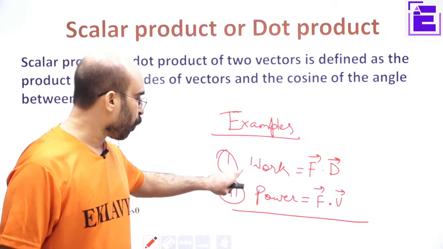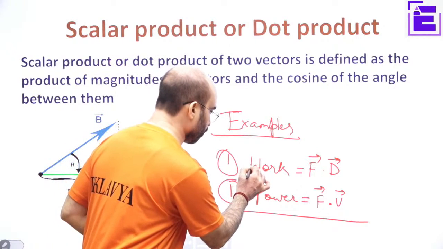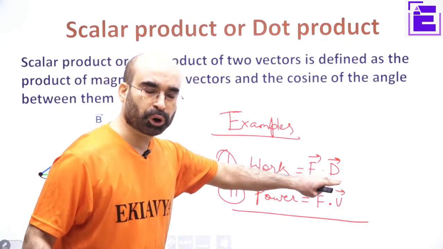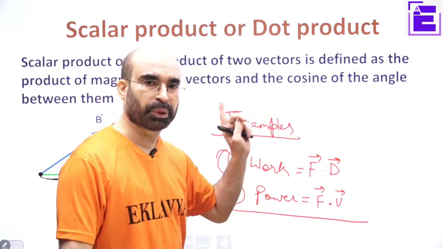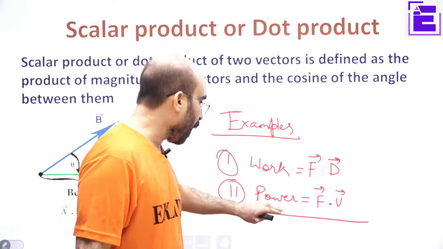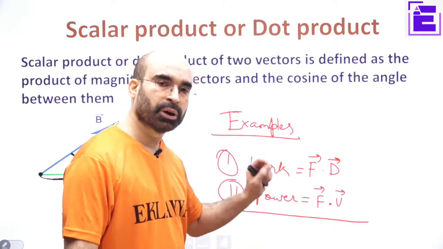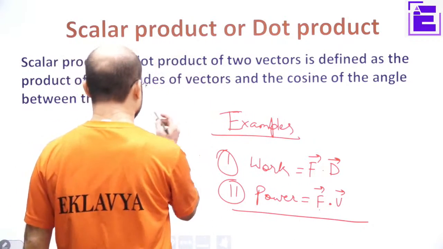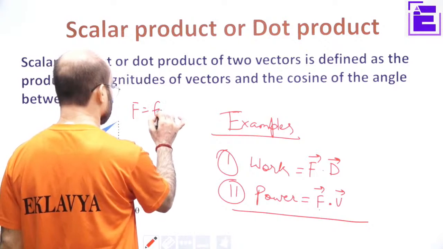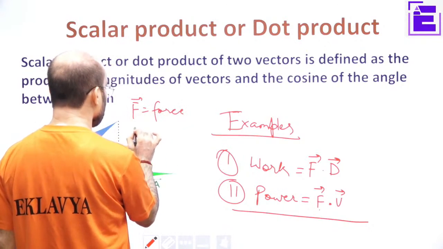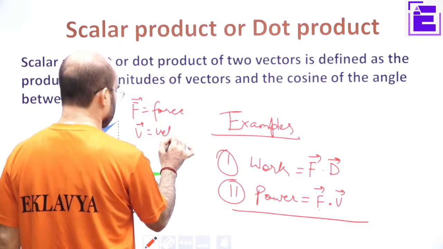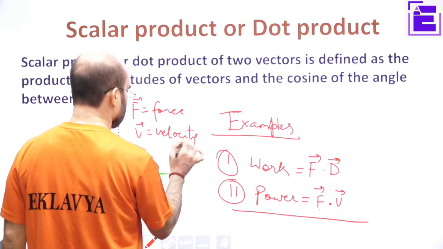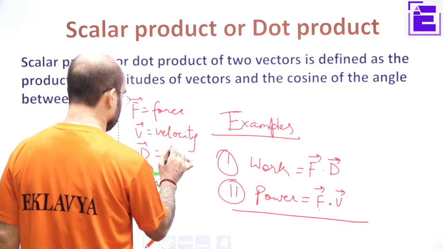Understood? Work is the resultant of scalar product of force and displacement vector. Power is the resultant of scalar product of force and velocity vector. So I'm writing here F is force, V is velocity, D is displacement.